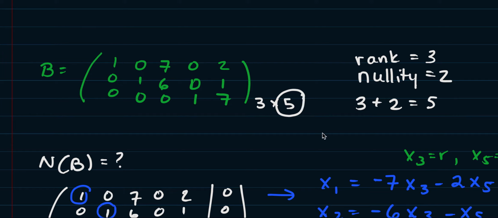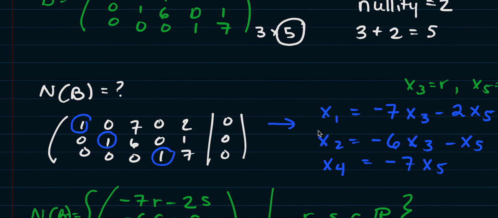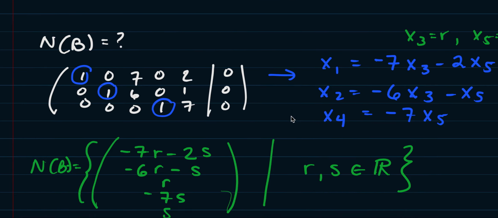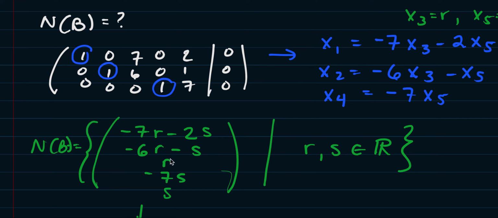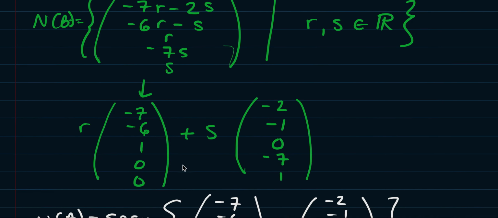What's this number here? It's a 5. That's very interesting. That brings us to a theorem. Just double checking to make sure I didn't mess anything up here. I don't think I did.